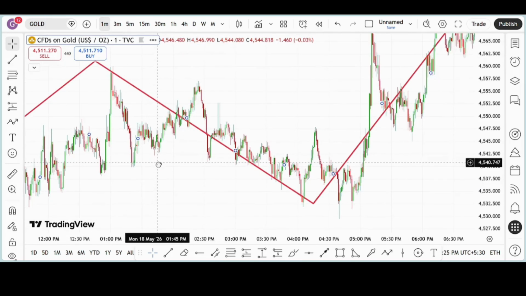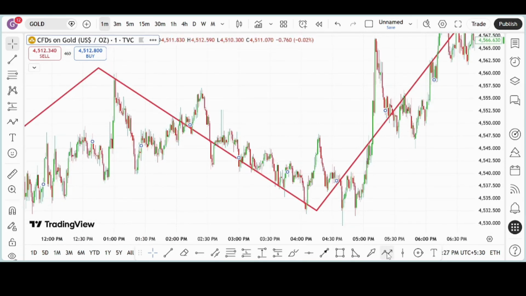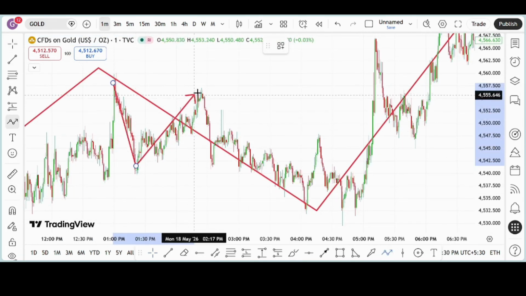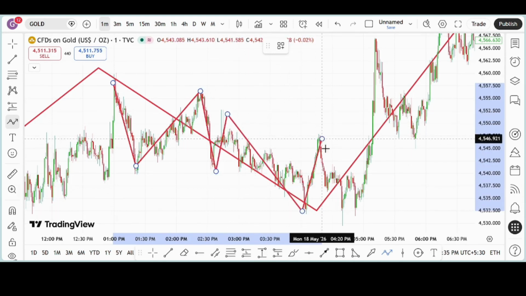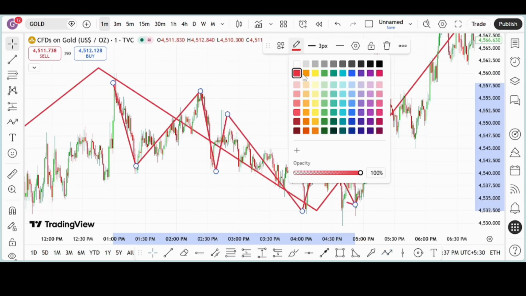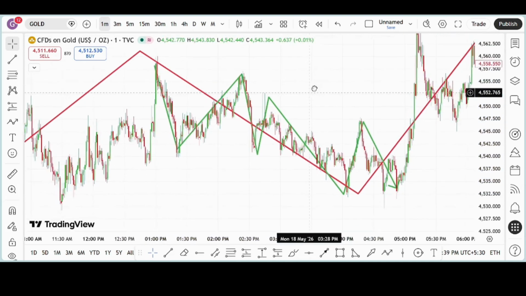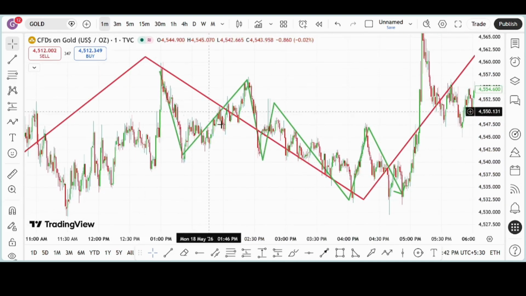But while taking a retracement, it's making like downtrend. See, you can see lower high, lower low, lower high, lower low, lower high. Let me change the color, you will understand very well. So while taking this retracement, market made another trend like downtrend.